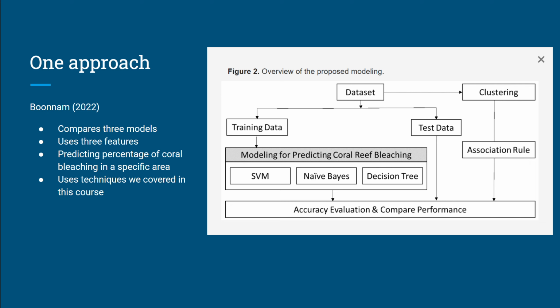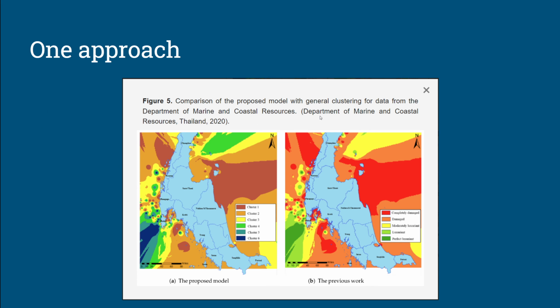They were very clear about how they trained, tested, clustered, and evaluated their models from the way that they presented it in the article. At the end of the article, they propose a model based on SVM with 6 coral damage levels based on the results of k-means clustering.